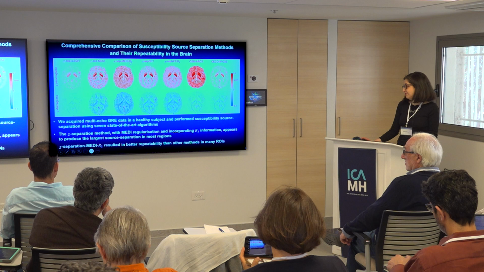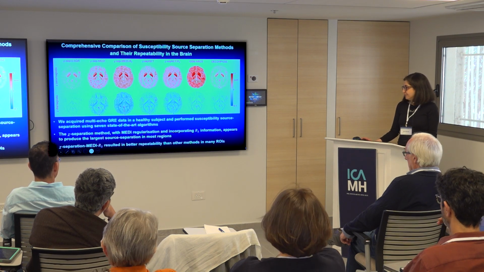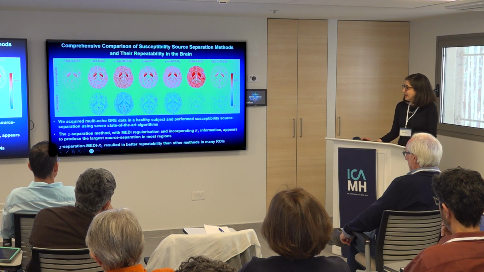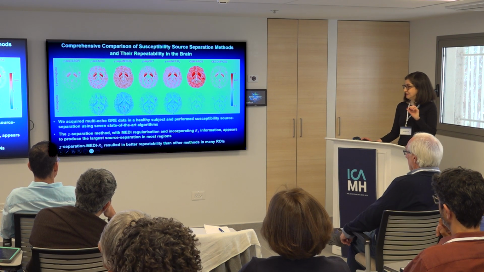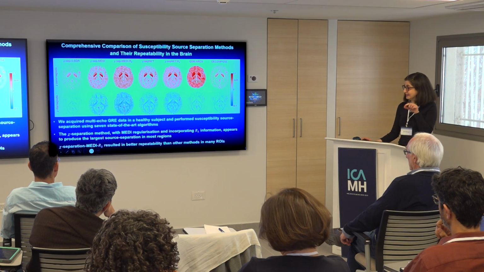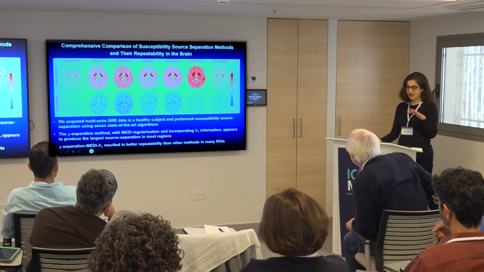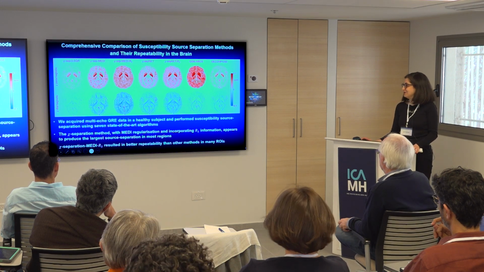We found that this one, the chi separation with MEDI and with R2 information included, gives us a really nice visual separation between the positive susceptibilities and the negative susceptibilities. They're not close together, like in this case where they're very faint. And in this case they're pretty much all positive, so something's gone wrong with this algorithm.